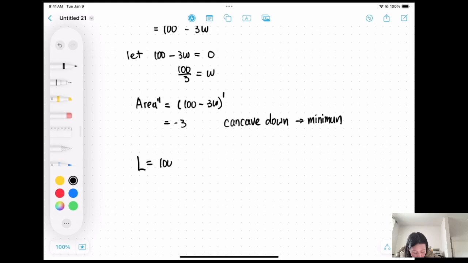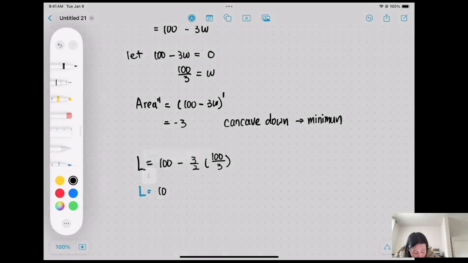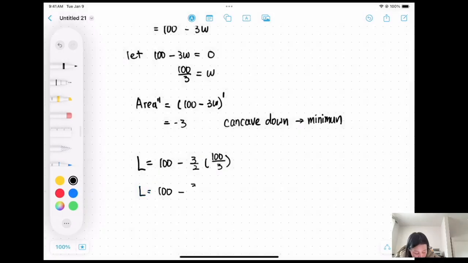We have 100 minus 3/2 W, where W is 100 over 3. Simplify it, so I have L equals, 3 and 3 cross cancel, we have 100 divided by 2, which is 50.